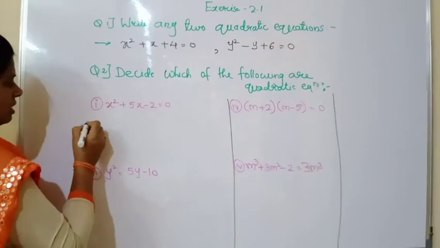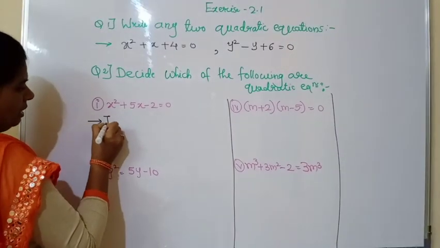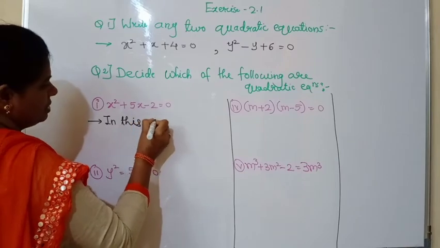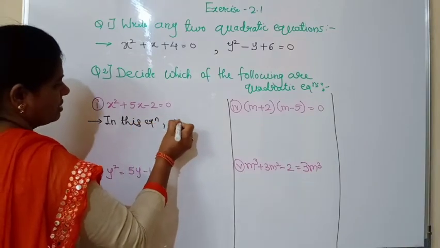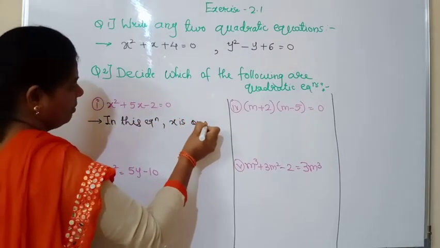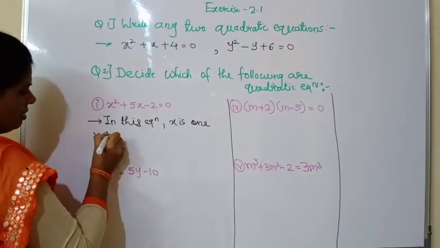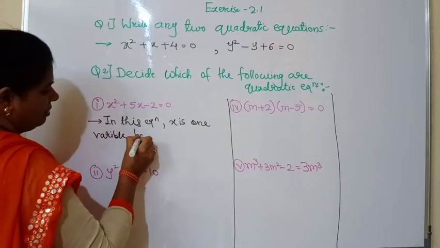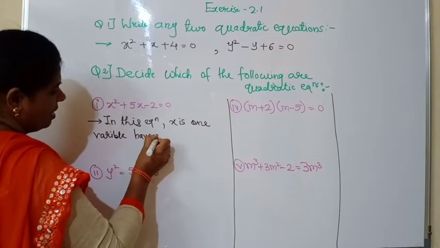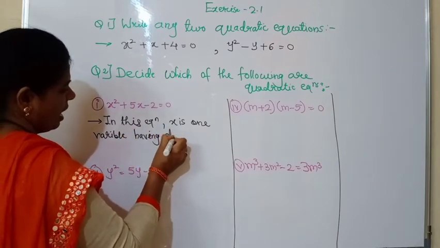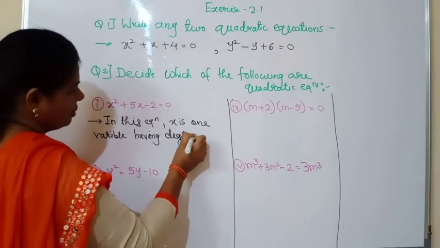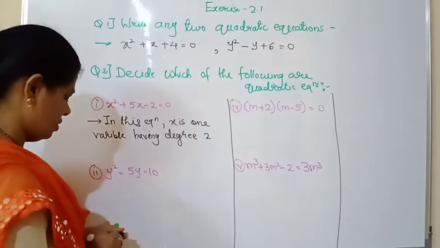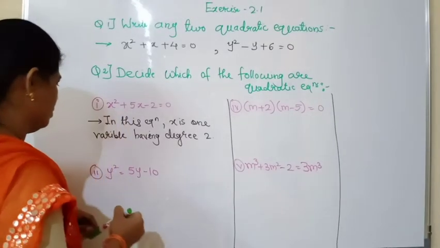So we will just write it here: in this equation x is one variable having degree 2, so therefore the given equation is a quadratic equation.